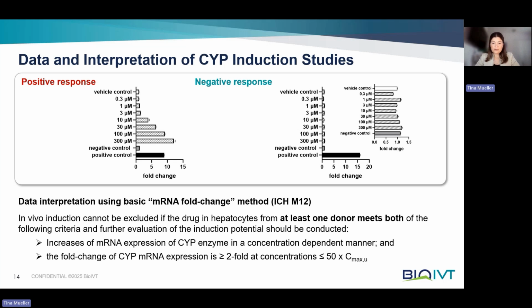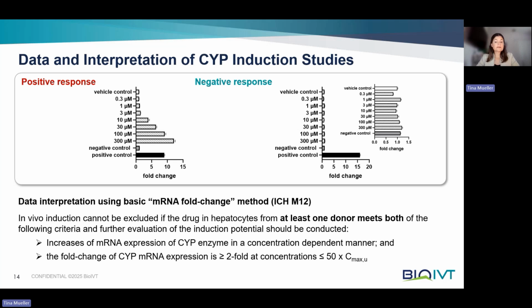The ICH M12 expresses the criteria as a negative and states that in vivo induction cannot be excluded if both of the following two criteria are fulfilled for at least one of the three donors. First, the increase in mRNA expression of the CYP enzyme analyzed is dependent on the concentration of the drug candidate.